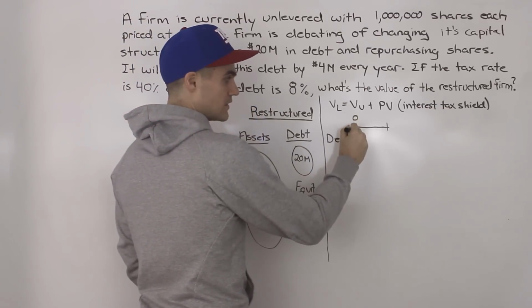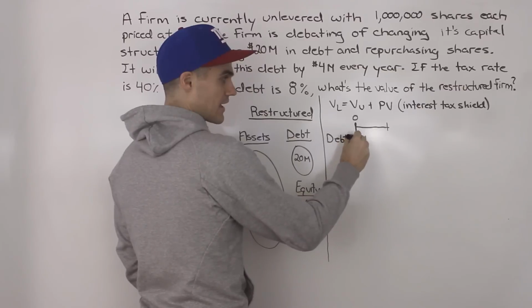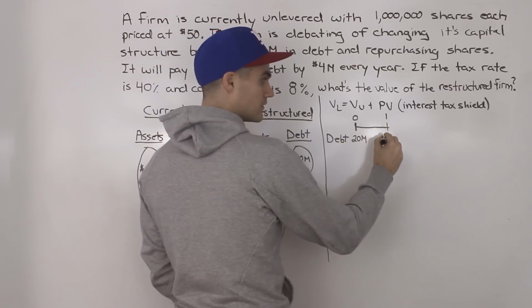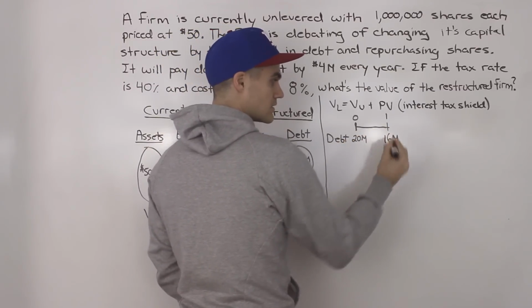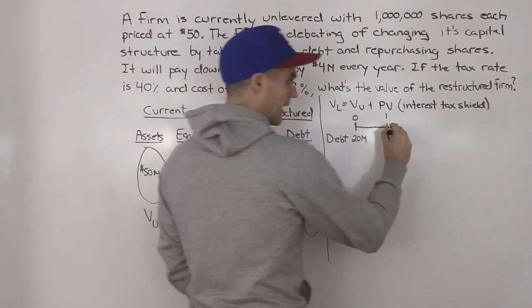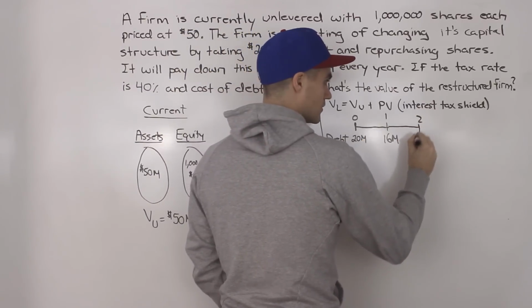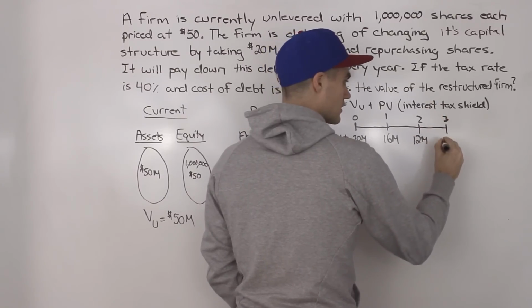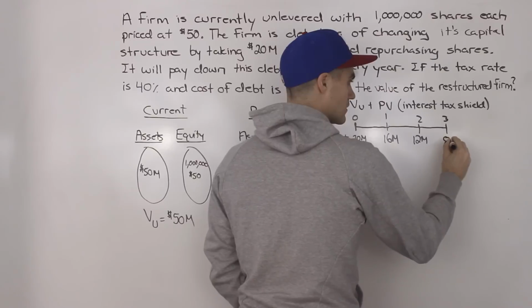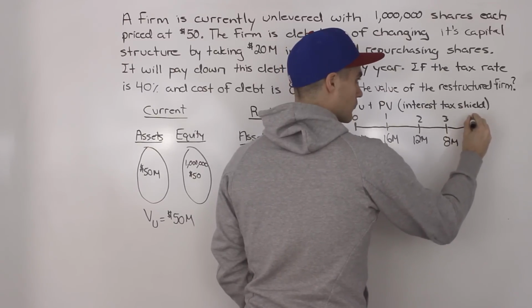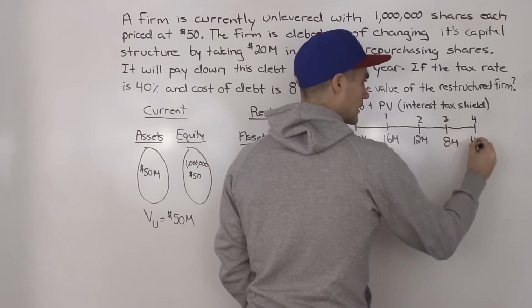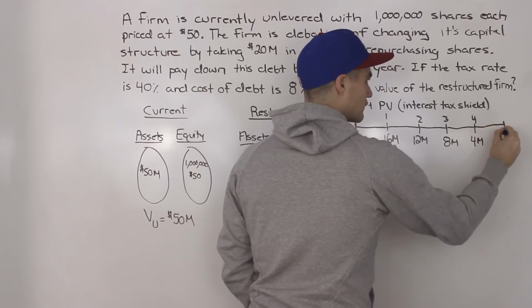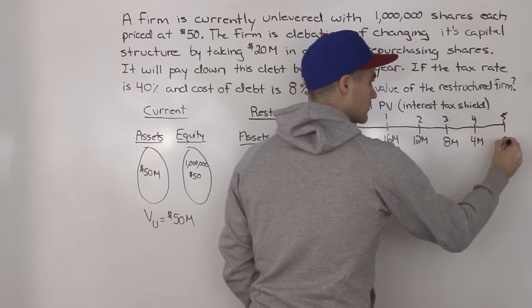So the debt is worth $20 million today. Well, in 1 year, the debt is going to be worth 16 million. And then in time 2, debt would be 12 million. Time 3, it would be 8 million. Time 4, it would be 4 million. And then by year 5, it's going to be fully paid down.